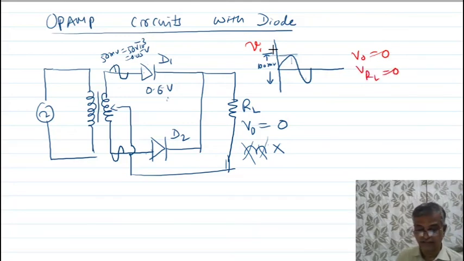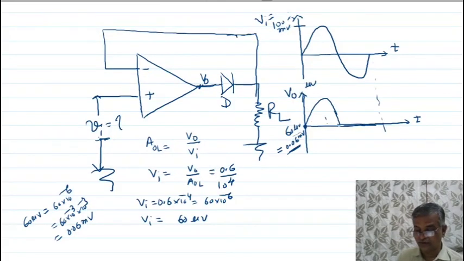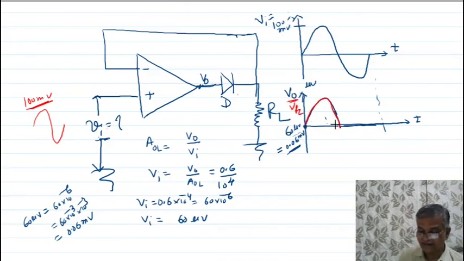But if this 100 millivolt signal is given to this circuit, then your VRL will be like this, and you start getting the output after 0.06 millivolt. So this circuit is called a precision rectifier. I think you understand.